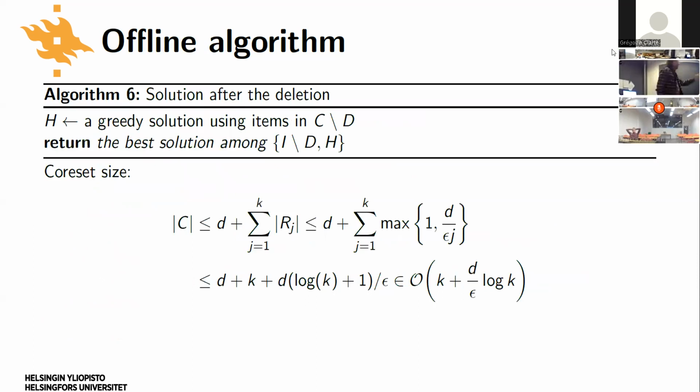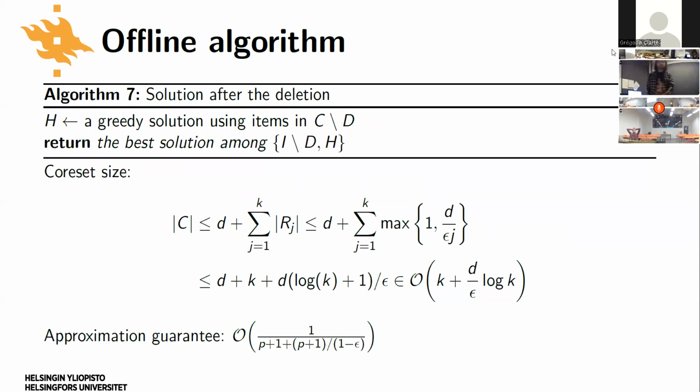So you get something that looks like D plus the sum over J going from 1 to K, where Rj is the batch that we add at the J-th iteration. You can show, using some kind of inequality, that this is at most log K. And that's why the Coreset size will be K plus D divided by epsilon times log K.